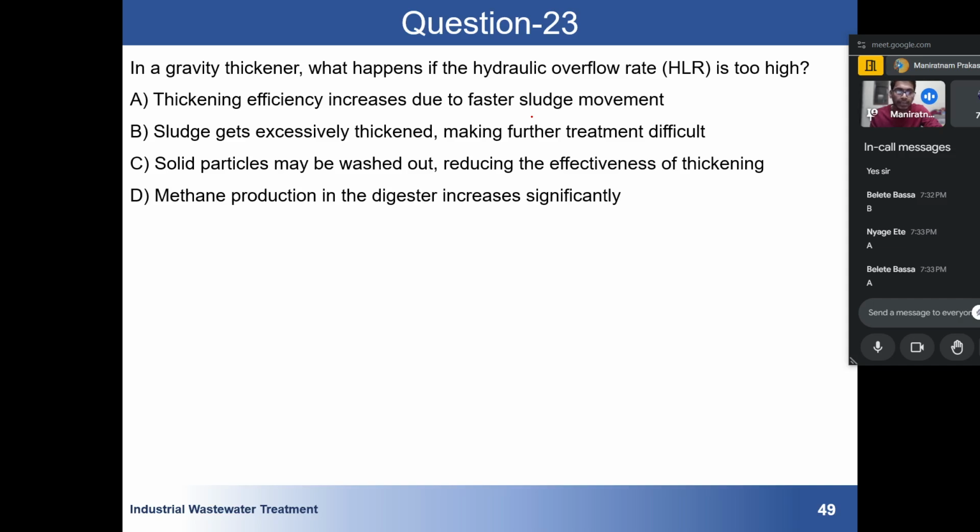Now imagine that the hydraulic overflow rate is too high. Hydraulic overflow rate means a huge amount of water is being passed. So what will happen?